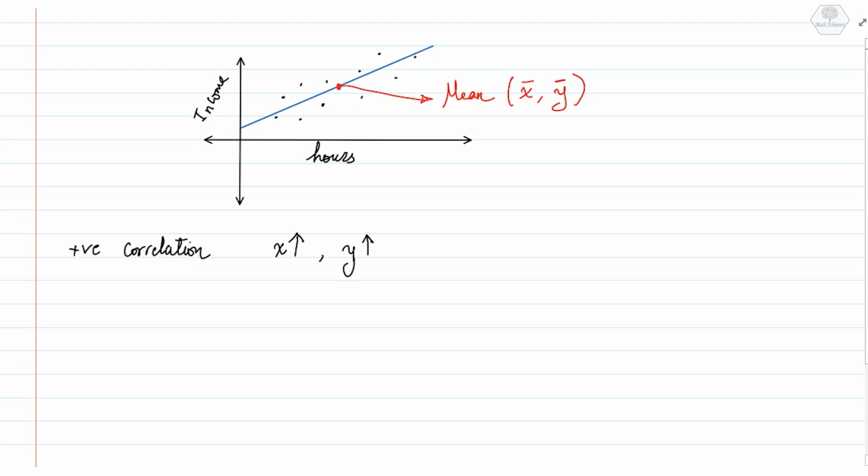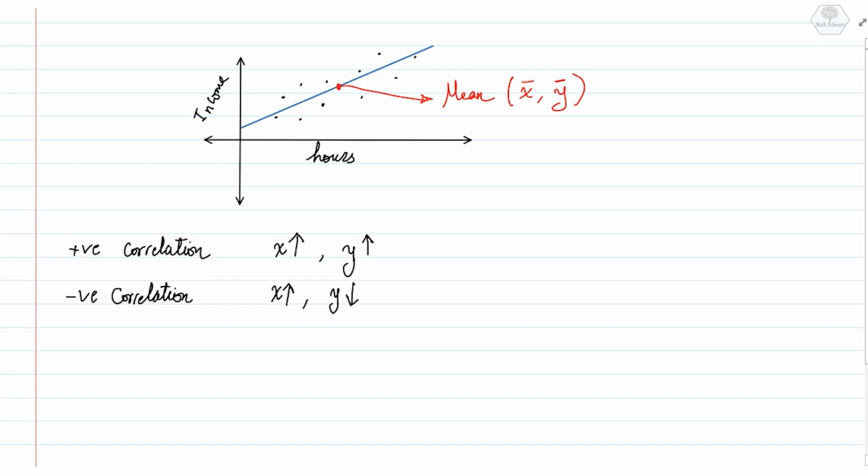This is a positive correlation. If I'm having a negative correlation between these two variables, this means as x increases, the value of y decreases.